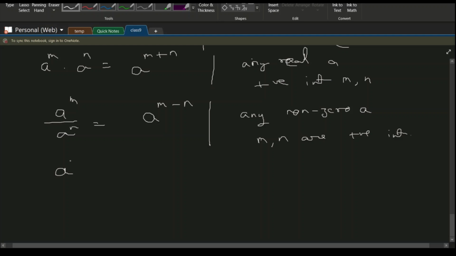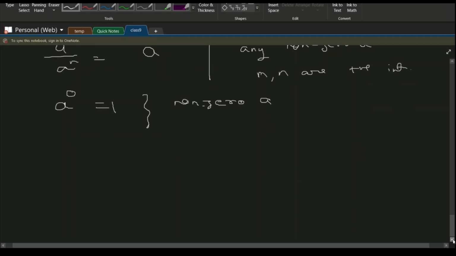Then we looked at a to the power 0 equal to 1, so this holds good for non-zero a, right? A should be non-zero. So a can be positive, negative, whatever, but this can't be 0. Then another thing we discussed was 0 to the power 0 is undefined.